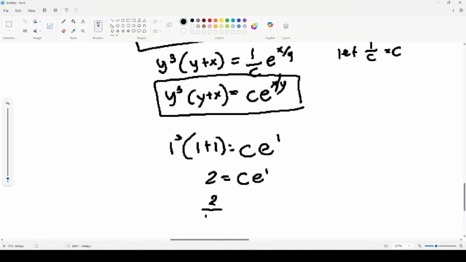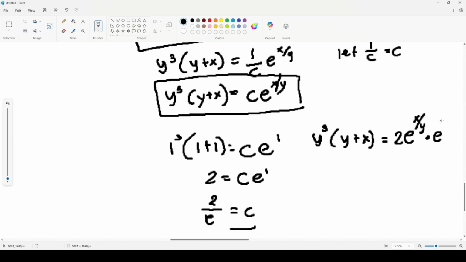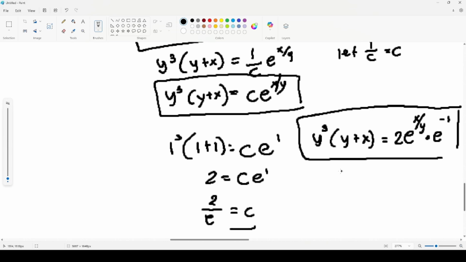So 2 over e, or 2 times e raised to negative 1, is equal to C. That is the value of C. Then we just substitute the value. y cubed, y plus x is equal to 2 e raised to x over y, multiplied by e to the negative 1. That is now your particular solution.